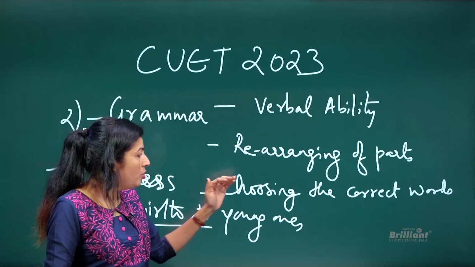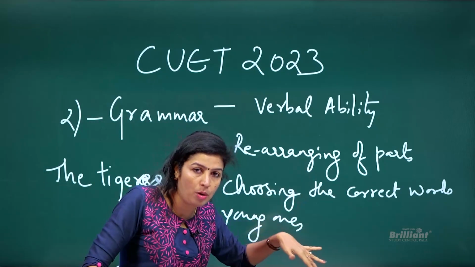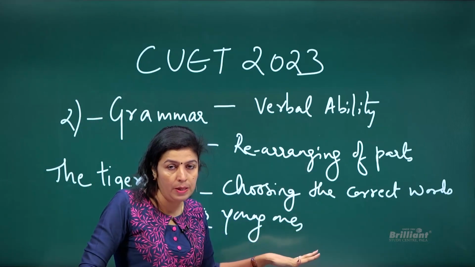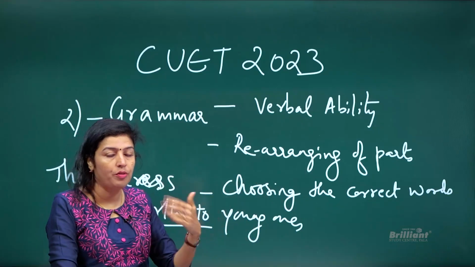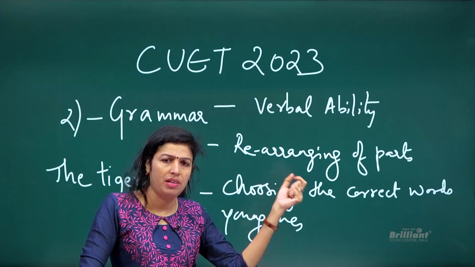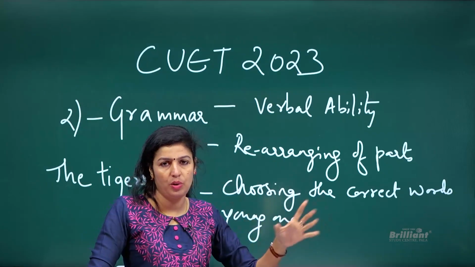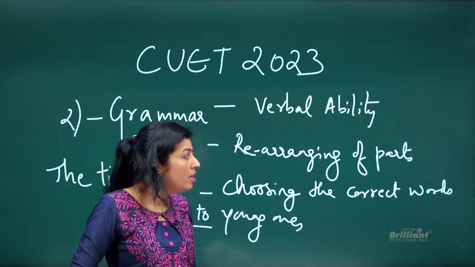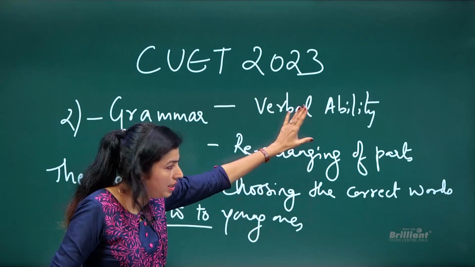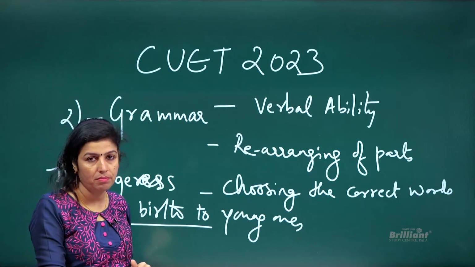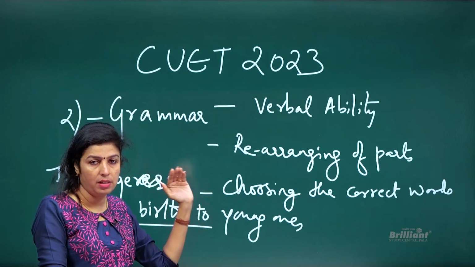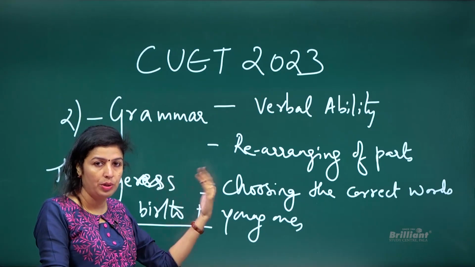Okay, so choosing the correct word could be in the form of a fill in the blank type of question, or it could even be in the form of a passage where a few words are missing and a blank is given, and that is where you have to insert those words. Okay, so these three types come under the grammar based questions. This is our second item included in the syllabus.